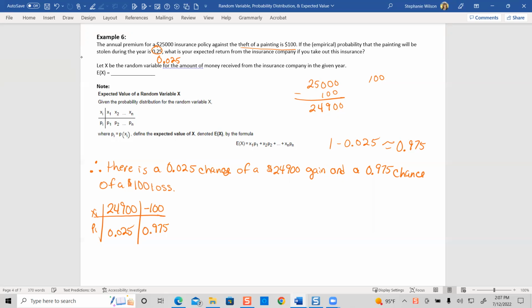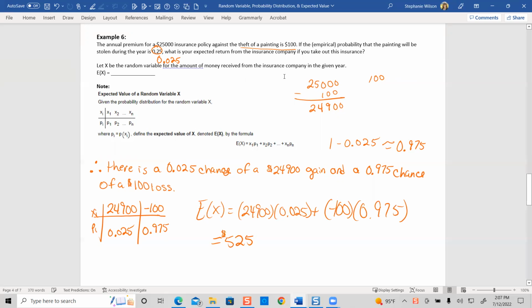All right, now the expected value. We get 24,900 times that 0.025 plus the negative 100 times 0.975. And then we get it estimated at $525. Okay.